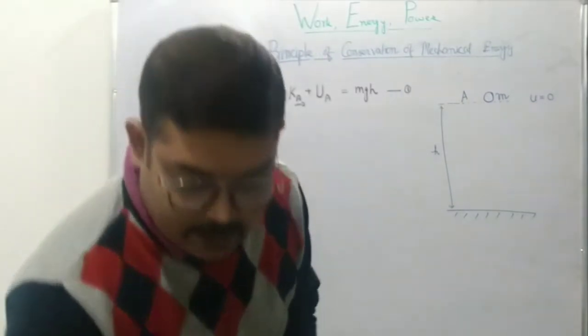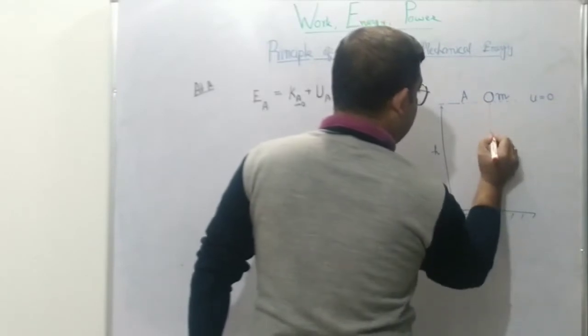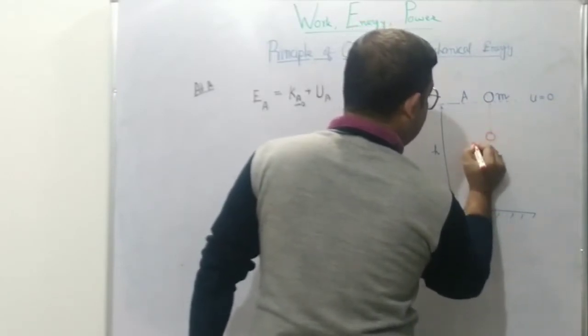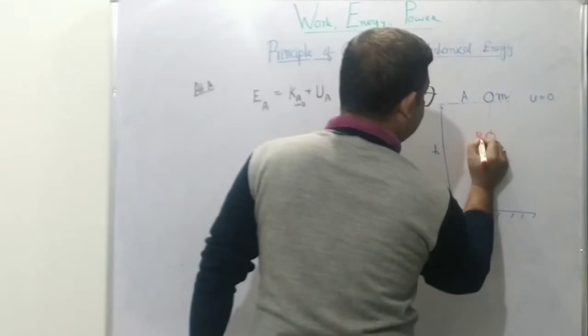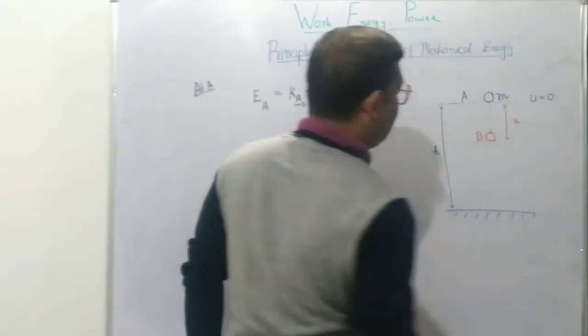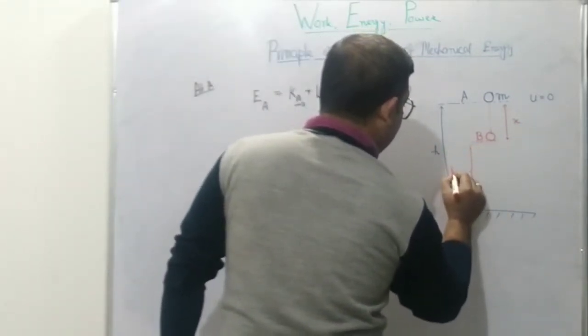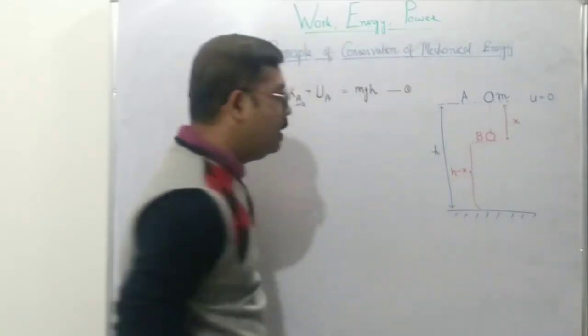Now let's consider that the object has moved under gravity and it has reached this particular level. Say this is level B, which is at a drop of x from here. Or if you consider from ground, this height will be h minus x, right?